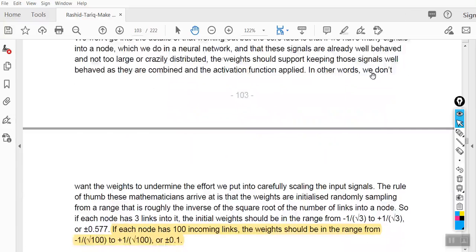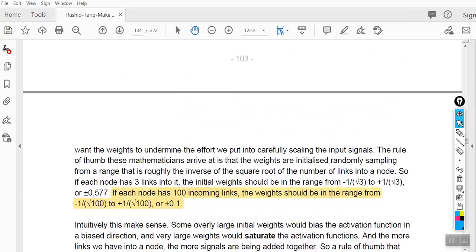Okay, and how do we divide the weightings? For example, if we have 3 nodes, then we consider from this value to this. If we have 100, we consider from this to this: -1 divided by the root of 100 to this.